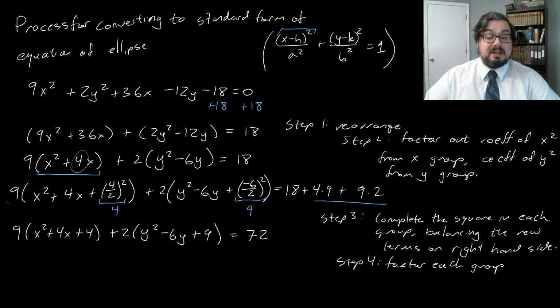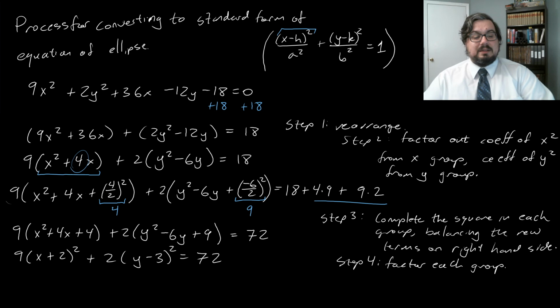And in fact, if we've done it correctly, we're guaranteed that each of these groups factors as a perfect square, and they do. So x squared plus 4x plus 4 is the same as x plus 2 squared. Y squared minus 6y plus 9 is the same as y minus 3 squared equals 72, and we're almost there.